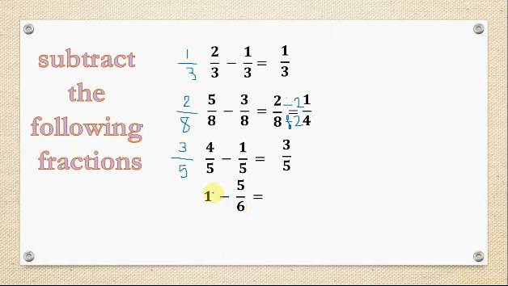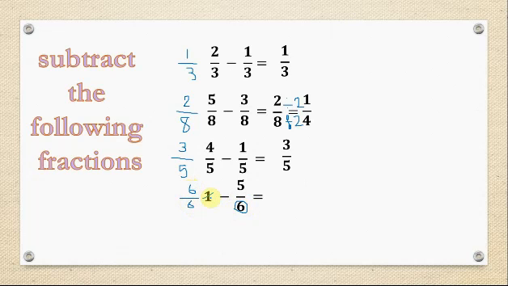So I will change the 1 because it's a whole number. I have to change it to a fraction. But which fraction? To know which fraction we will convert to, we have to look at the denominators that we have. The denominator here is 6, so I will change the 1 according to this denominator. It will be 6 over 6.